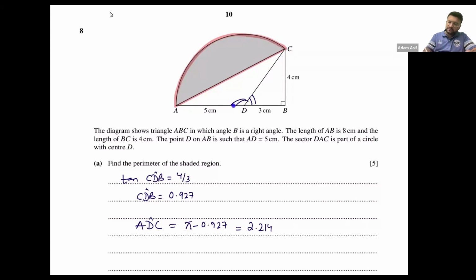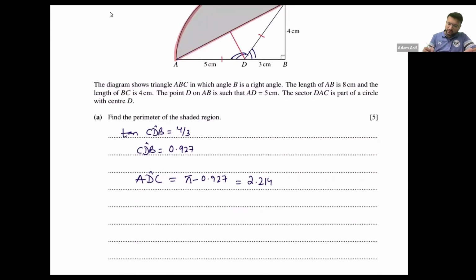Now because you have this angle and this side, you can use s equals r theta to find this arc, and you can find this one using the cosine rule. And if you don't want to use the cosine rule, you can also realize that this is an isosceles triangle, okay. Just divide the angle into two. Consider this right angle triangle, this length is going to be half of AC. You can also use this.